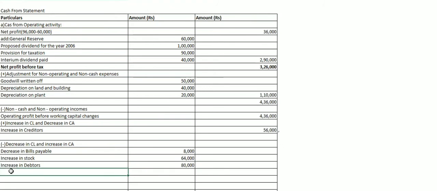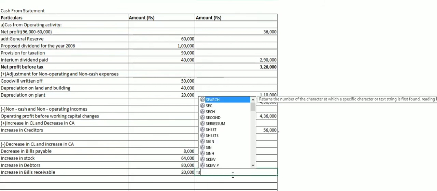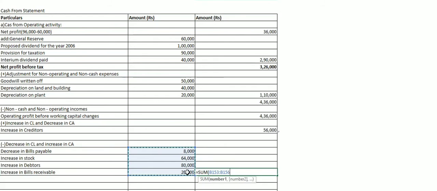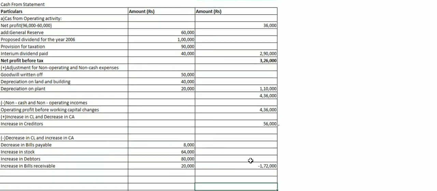Then you have increase in bills receivable, the amount is 20,000. So now when you minus all this, the amount that you will get is 1,72,000. So you're supposed to minus it.